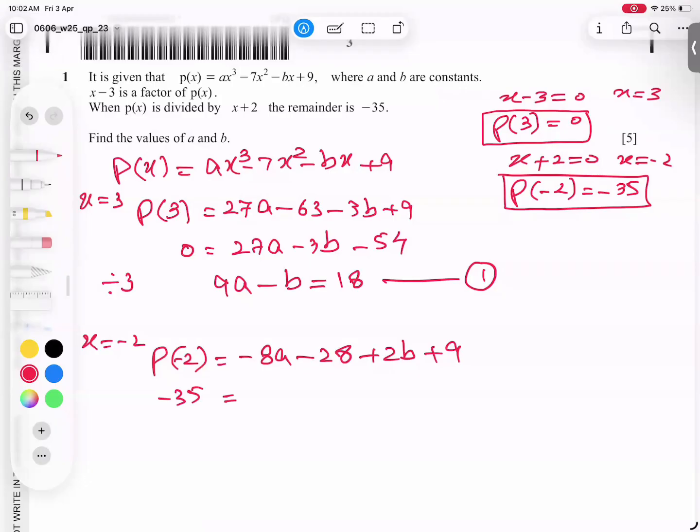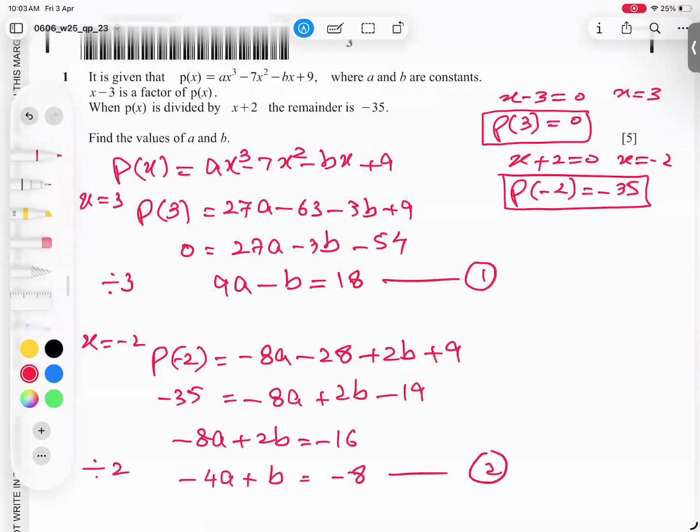Now if we check it, -8a plus 2b, and 28 and 9 make 19, so I get -19. And it goes there with 35, so this goes there. So I'm writing -8a plus 2b is giving us -16. Now, students, if I divide the whole equation by 2, I get -4a plus b equals -8. Equation number 2 is done. Now I can solve it.